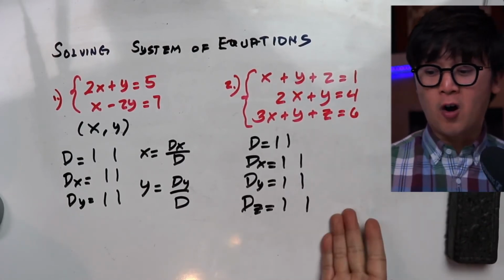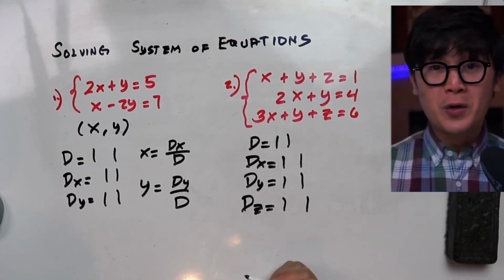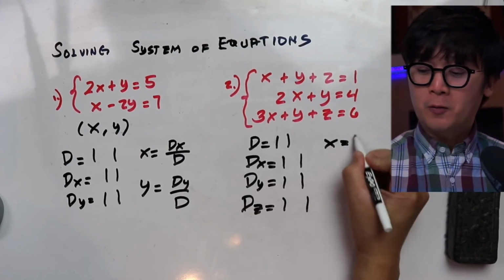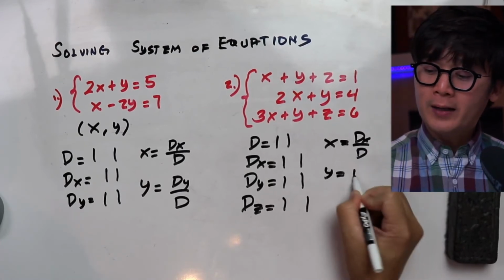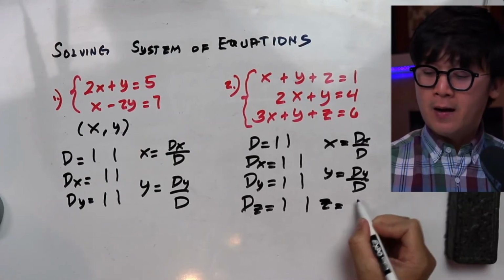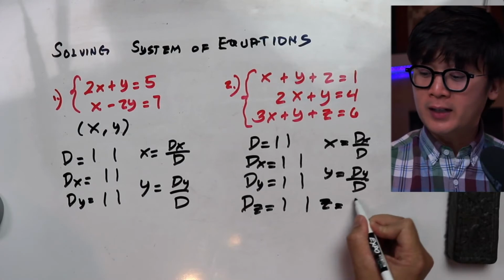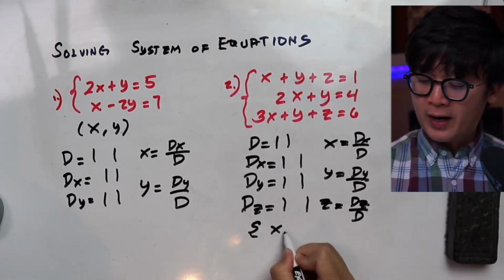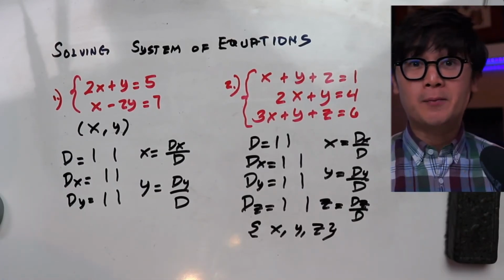So once we have all these determinants for our four matrices, we'll be able to find the value of x, which is basically Dx all over D, to find y, Dy all over D, and to find the z value or the coordinate of z in our linear system, which is Dz all over D, and we'll be able to produce our x, y, and z, which is solving linear system using three unknowns.